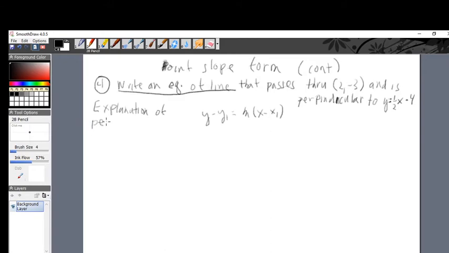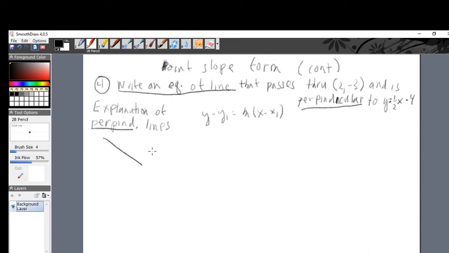Okay, perpendicular. Here's an explanation.